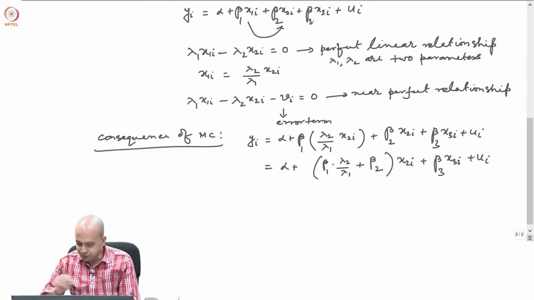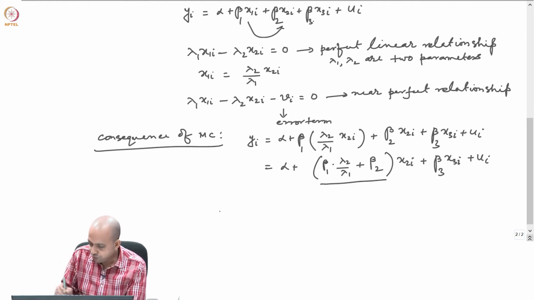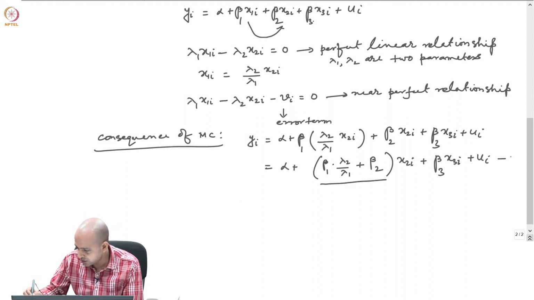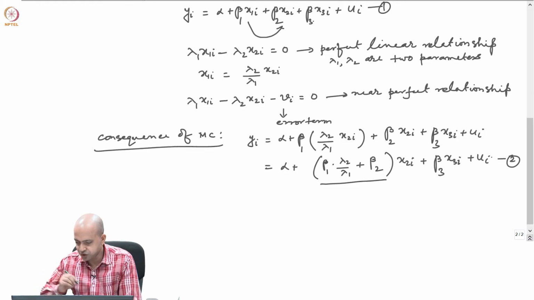Now, if you estimate this model, the coefficient of x2i would be this. Let us say the original model is equation 1, and after substituting, this is equation 2.